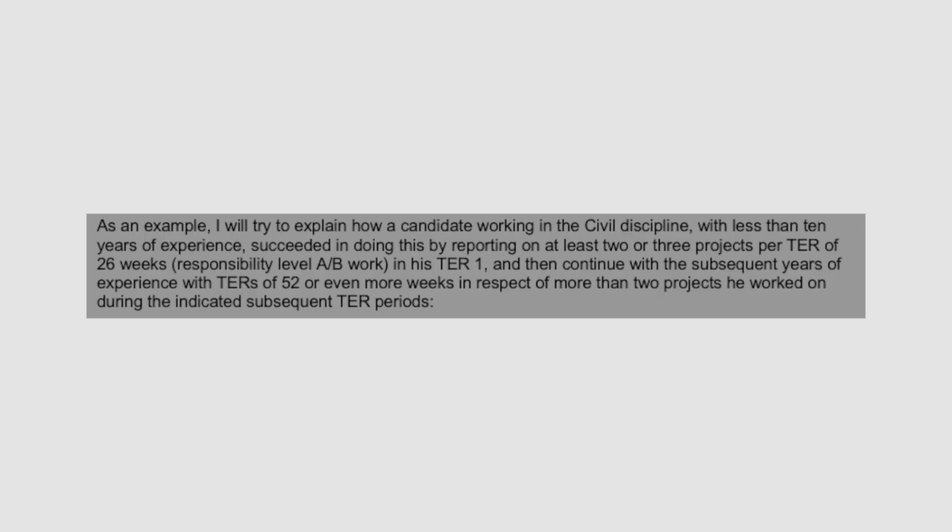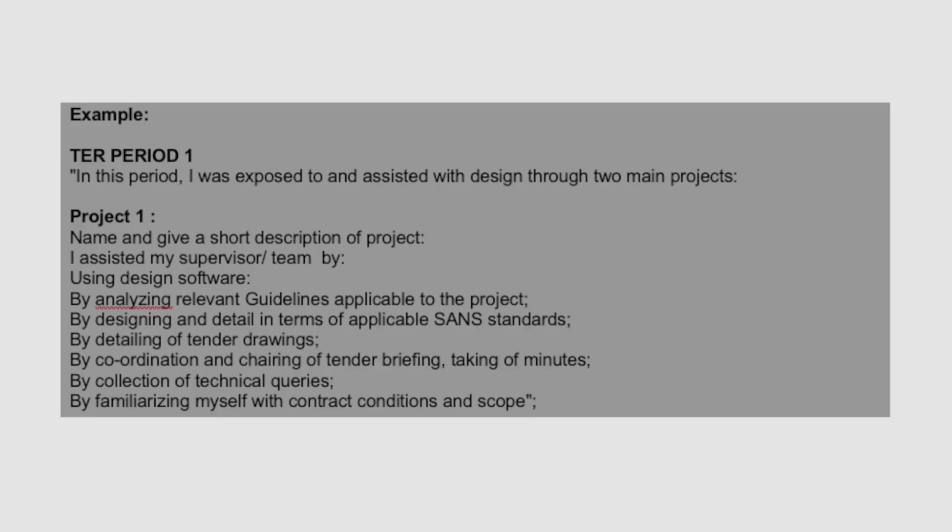So let's say, as an example, if I can explain this, for example, a civil engineer with less than 10 years experience, I'm going to illustrate this by means of working at level A or level B and working on the TERs for, in this case, 52 weeks, responsibility level A to B. TER1.